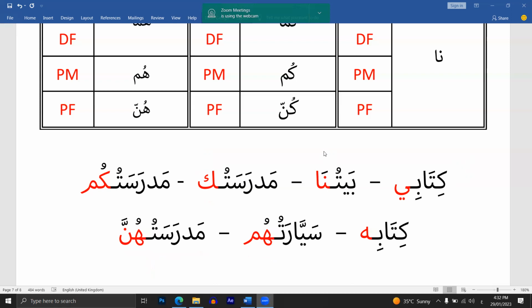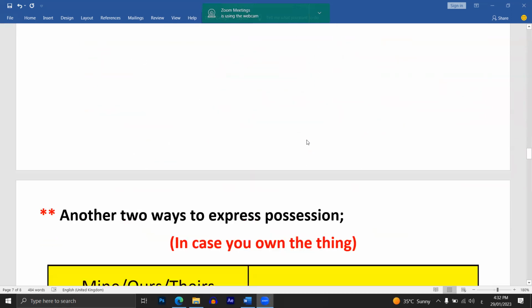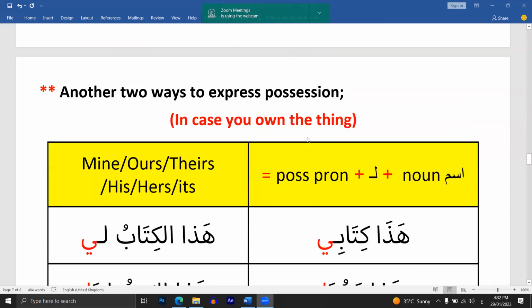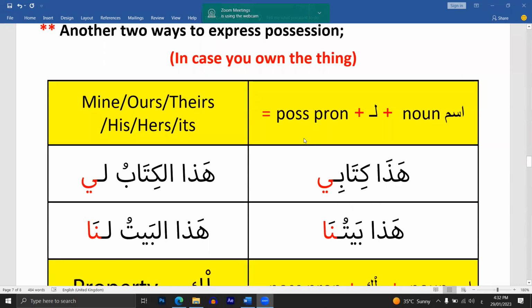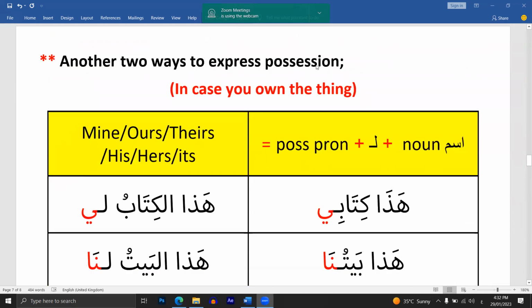Okay, I would like to add two more ways to express possession. This is the first one. Using the preposition لا, which is a one letter prefix. So this is the expression. You will use the noun, the property, plus لا, which is labeled with kasra, li, and then the possessive pronoun.